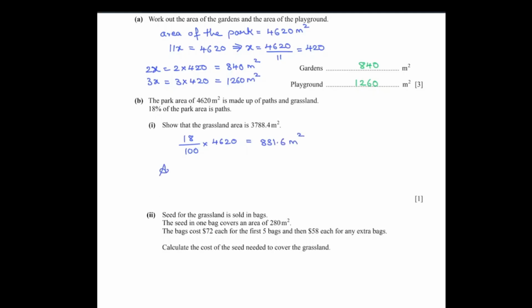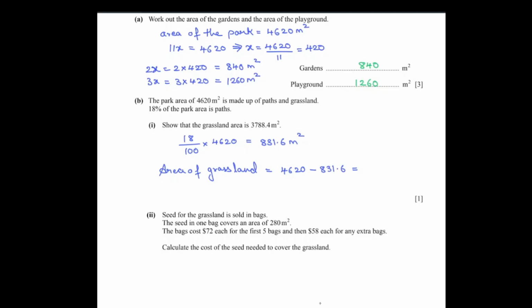Now area of grassland is equal to 4620 minus 831.6.